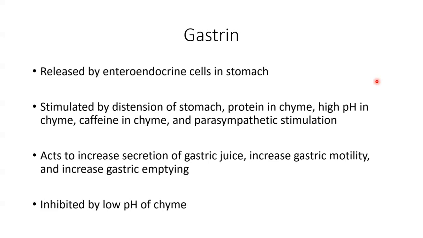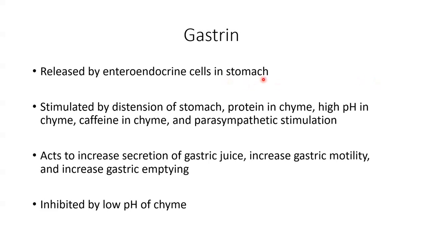Gastrin is inhibited when the pH of the gastric juice drops below 2, and it's stimulated when it rises. This negative feedback loop is really important to maintain the optimal pH within the stomach so that we have the functioning of the pepsin, the killing of the microbes, and the denaturing of the proteins within the stomach.